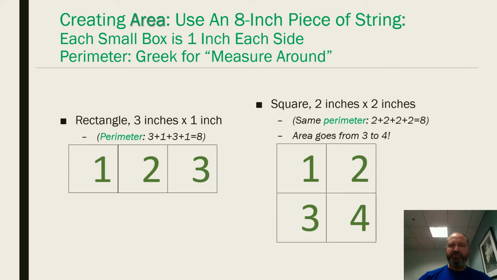But when we're making this square, we're now able to make 4 of these 1 by 1 squares. So we get our area from 3 for this certain rectangle to 4. So we can see that when we make a rectangle, the most efficient rectangle for making area is a square, okay?